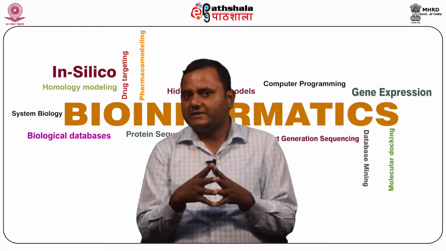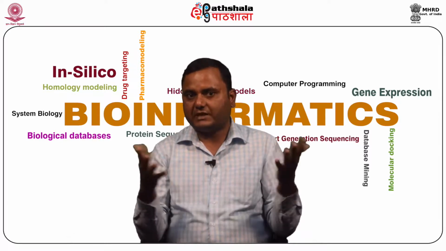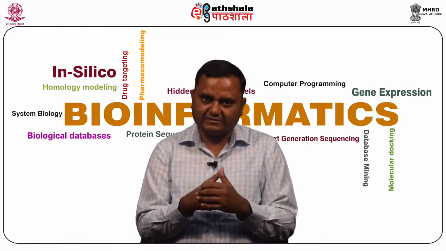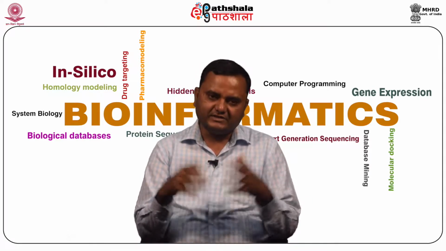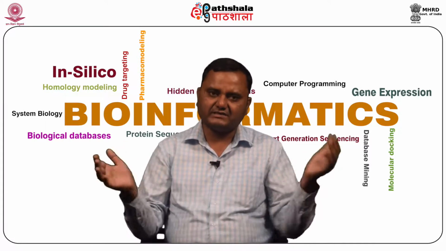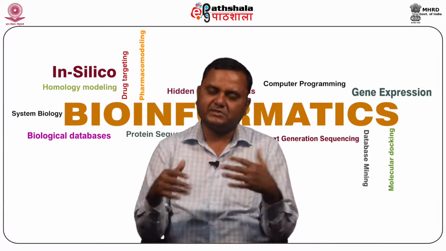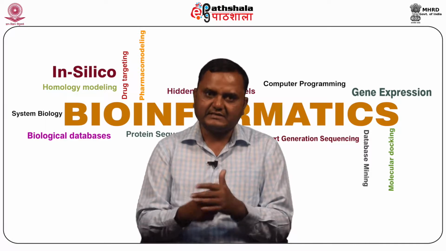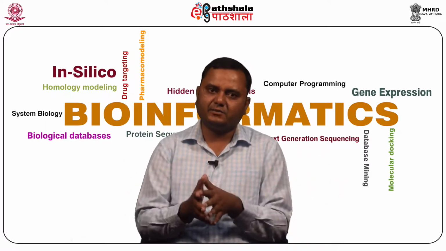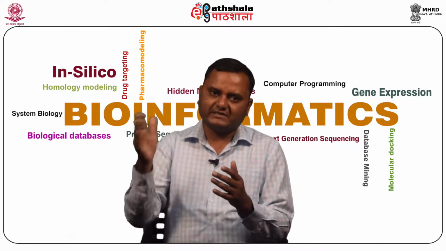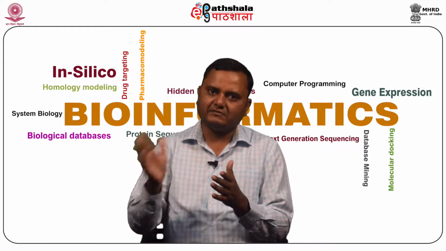The other database, again on the basis of sequence and structure, is the Structural Classification of Proteins, SCOP, which classifies proteins on the basis of structure, especially secondary structure elements such as all alpha proteins, all beta proteins, alpha plus beta proteins, and alpha/beta proteins, meaning one alpha, one beta, like that.